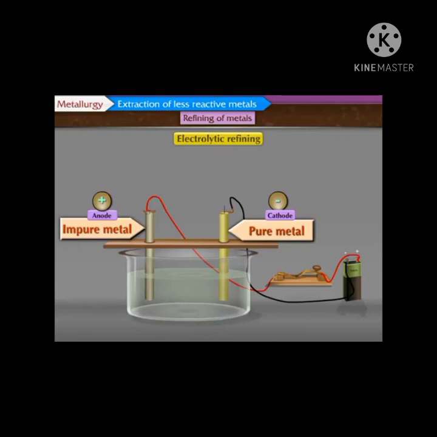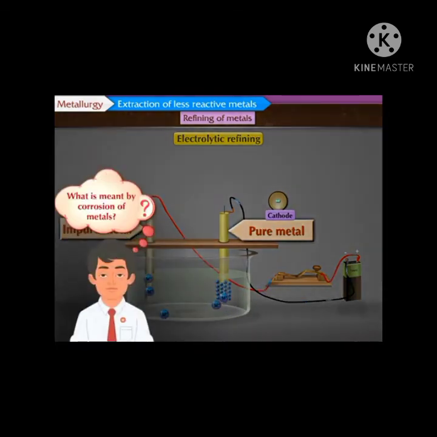On passing an electric current, the impure metal dissolves from the anode and goes into the electrolyte. The metal from the electrolyte is deposited on the cathode. The soluble impurities present in the impure metal go into the solution, whereas the insoluble impurities settle down at the bottom of the anode. In this way, the pure metal is produced at the cathode.